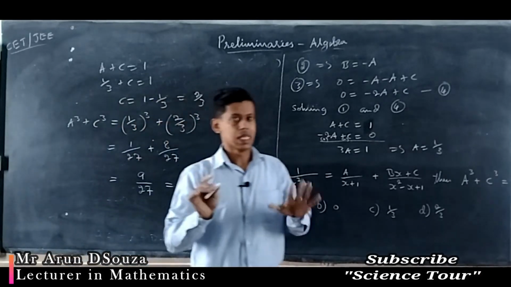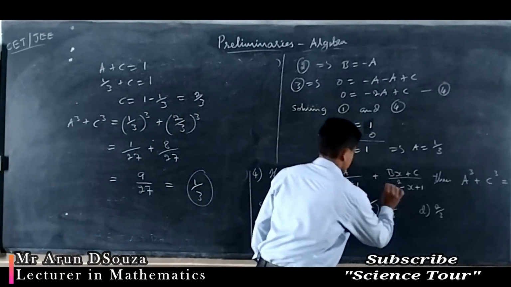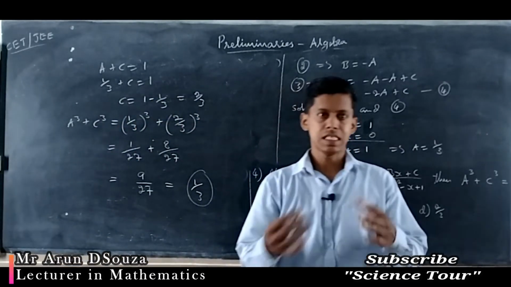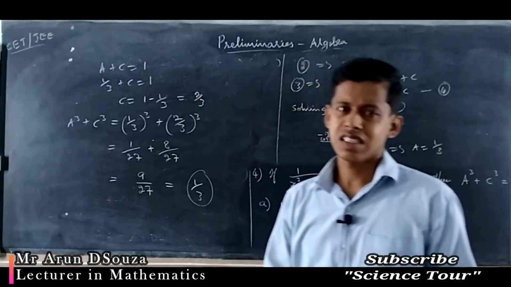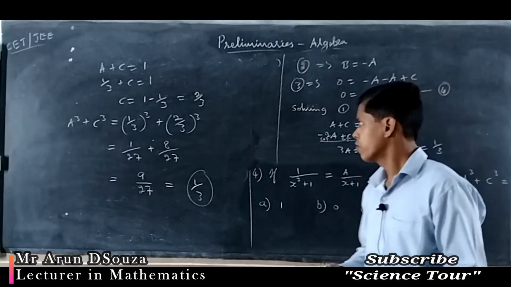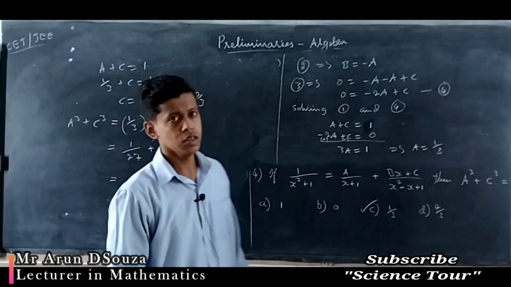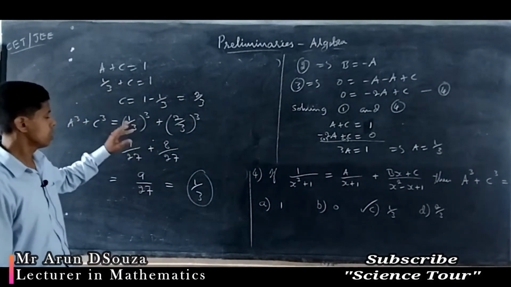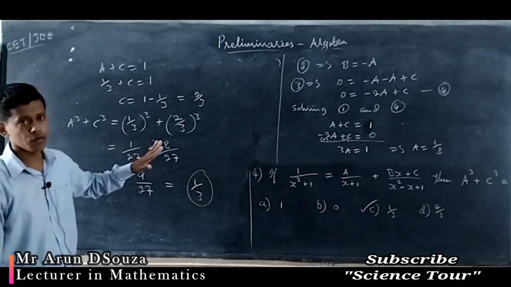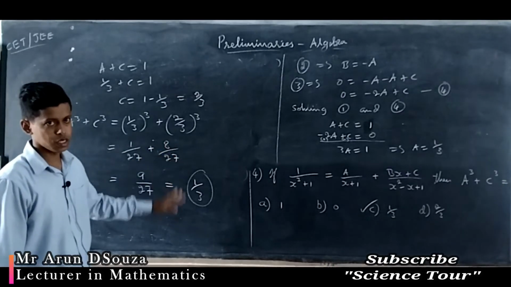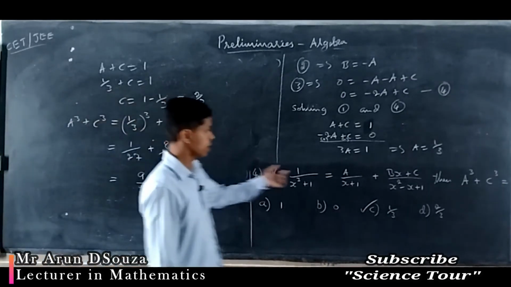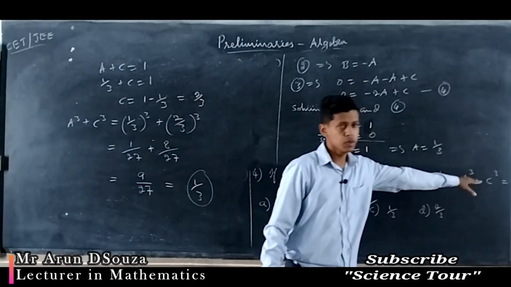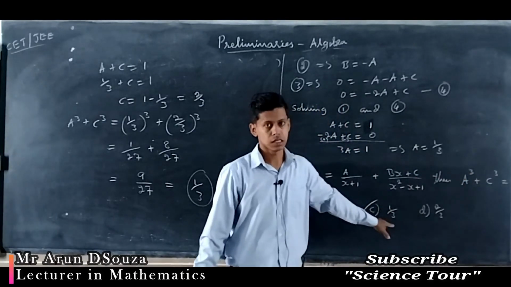Well, that is option C, and that's the answer. Well, this takes a lot of time because there are three things involved here. You have got the constants a, b and c, therefore you have to solve three equations and get those three constants, and finally find a cube plus c cube, and we have got 1 by 3 as the answer.